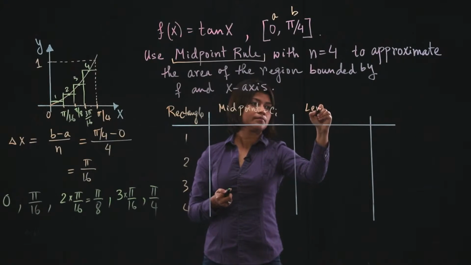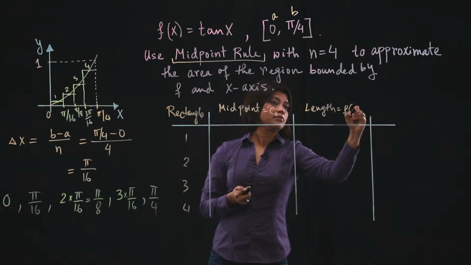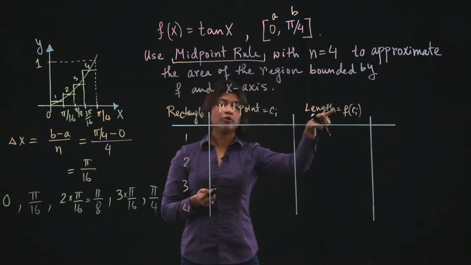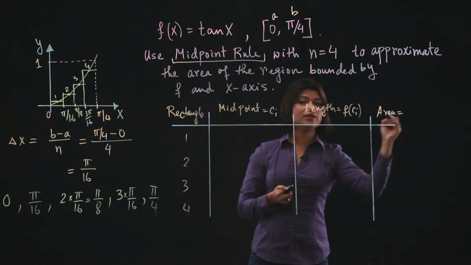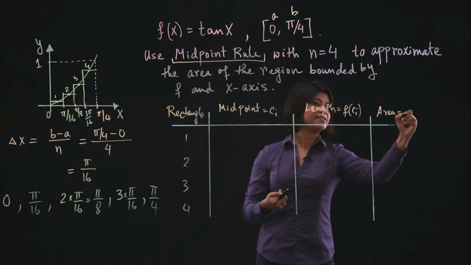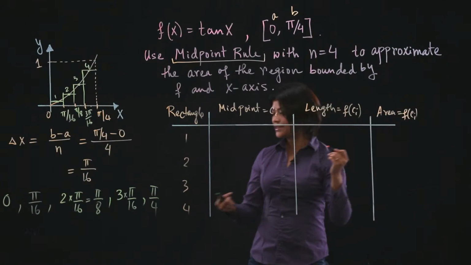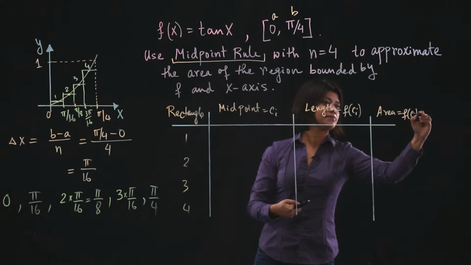So the length is just f of these midpoints. And finally, we'll find the area. Now notice, area of a rectangle is length times width. Length is f of c_i and width is the same, pi over 16, or delta x.